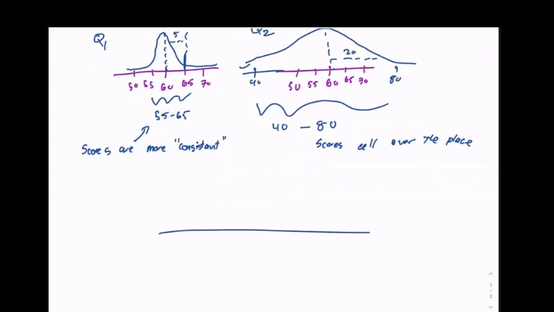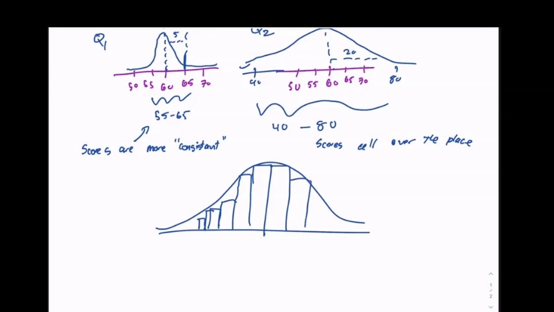Now, if I'm looking at a graph, I have the histogram. And we know that from this histogram, the mean is probably right here, right where the center is, right where that mound, the unimodal piece, is.